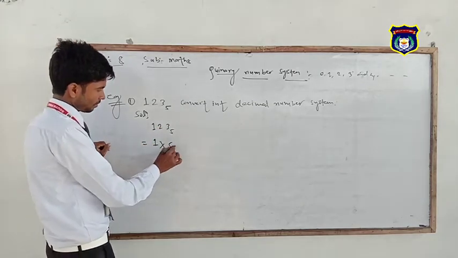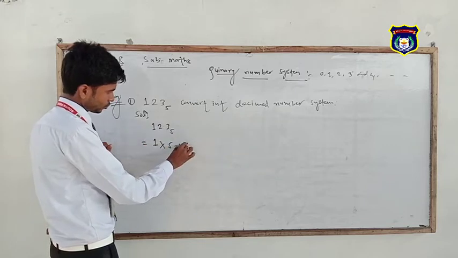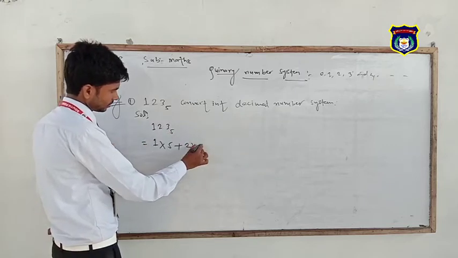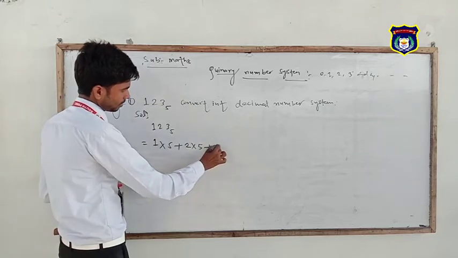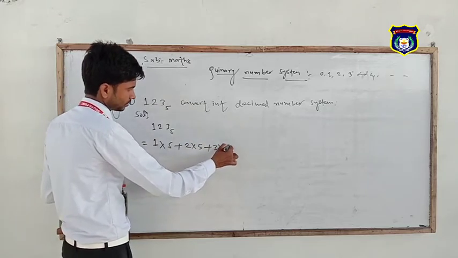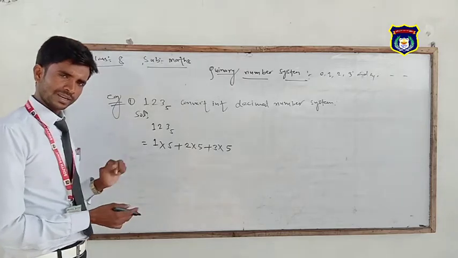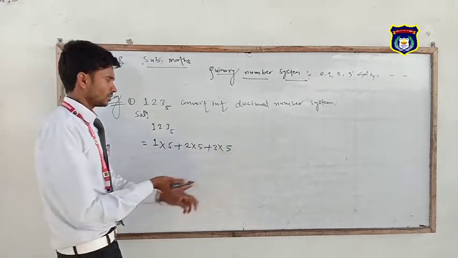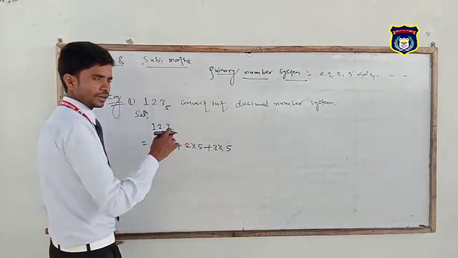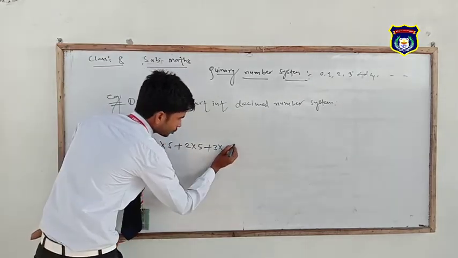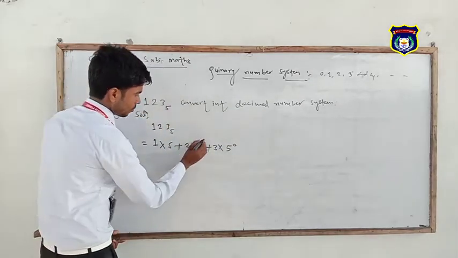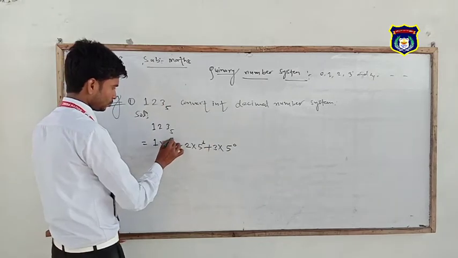So multiply by 5, plus 2 multiplied by 5 again, plus 3 multiplied by 5, the same process as binary. Put the powers in ascending order from the right side: 0, 1, 2.